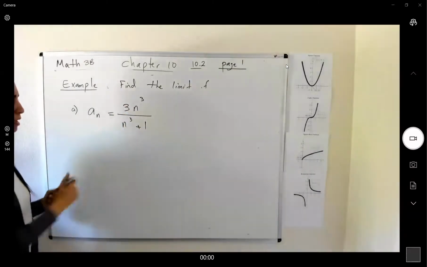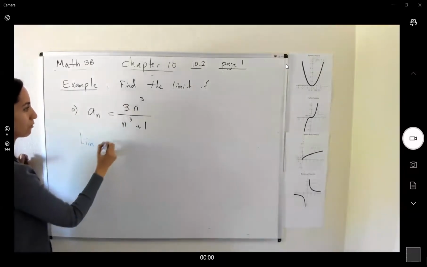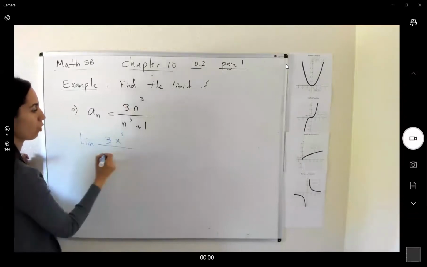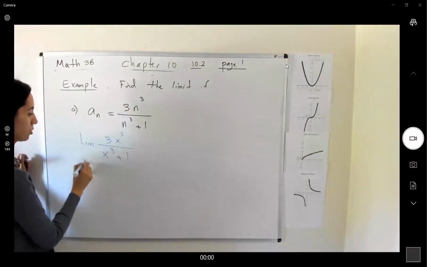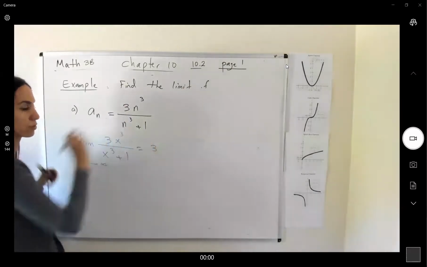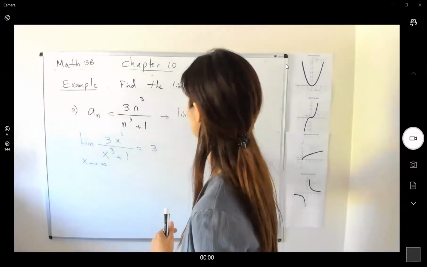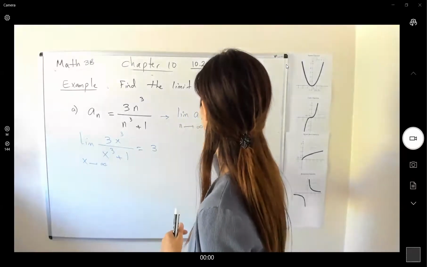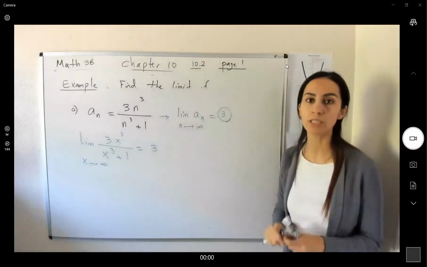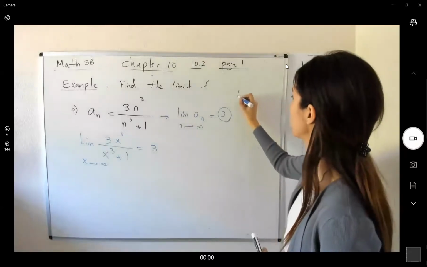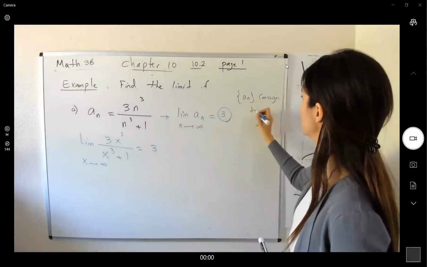We already saw that the limit of 3x cubed over x cubed plus 1 while x goes to infinity is equal to 3. So you say that the limit of a sub n while n goes to infinity is equal to 3. Since this is a unique constant, we say that a sub n converges to 3.